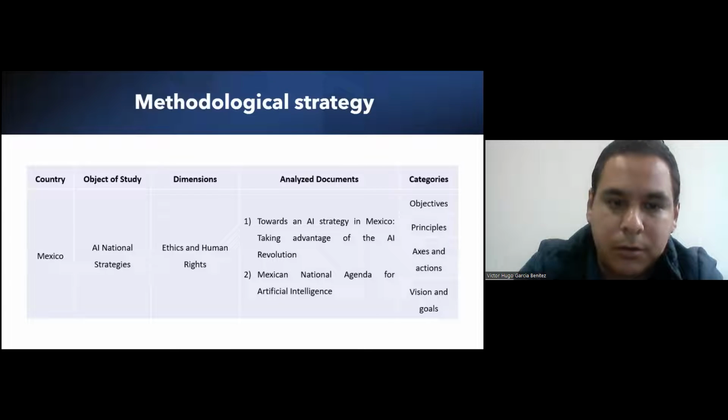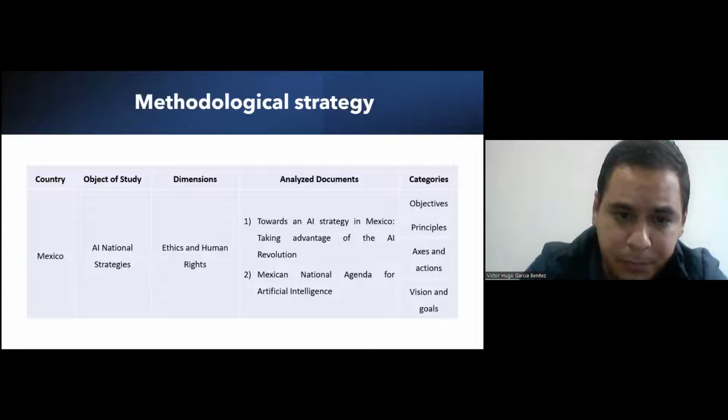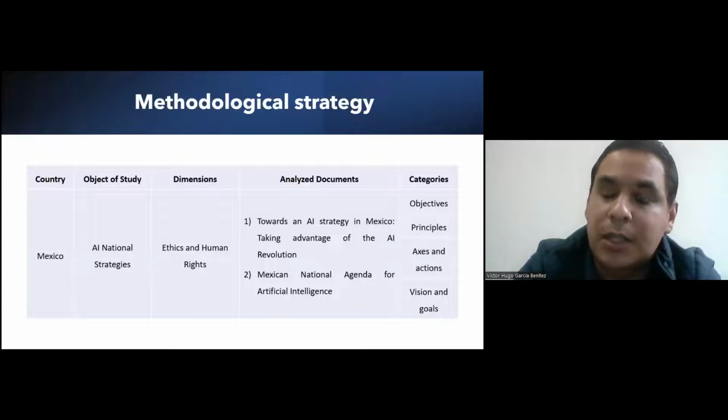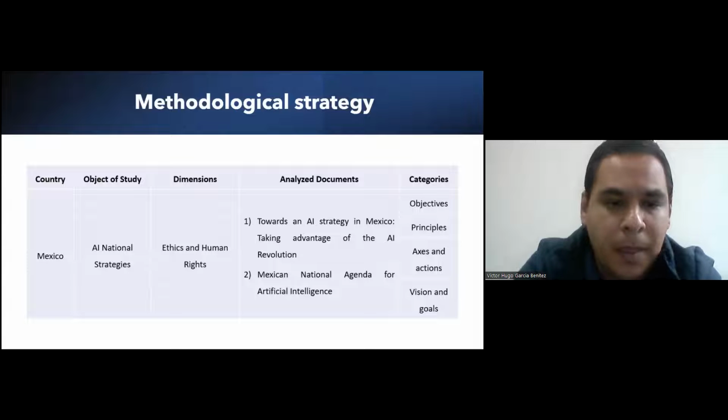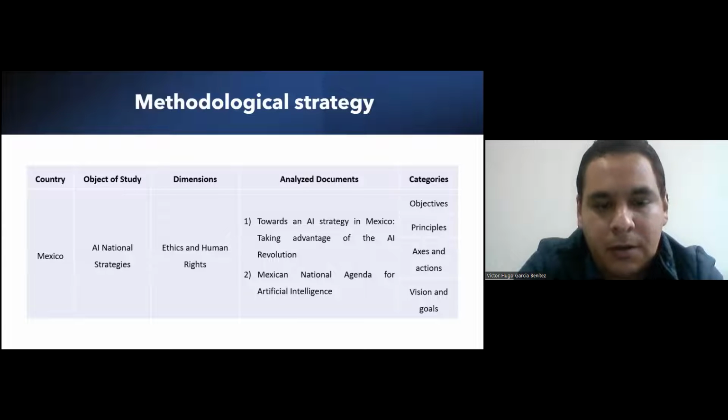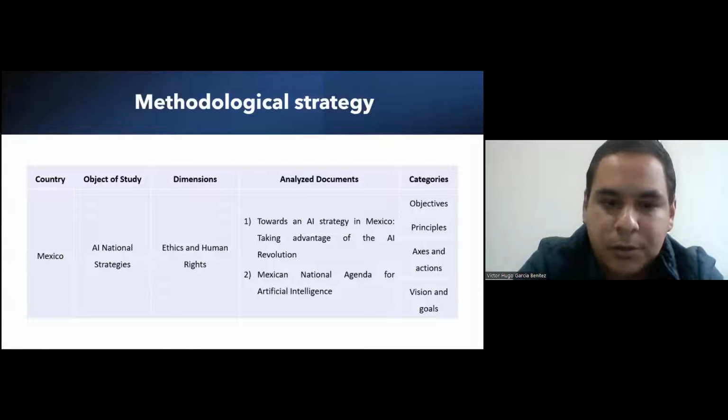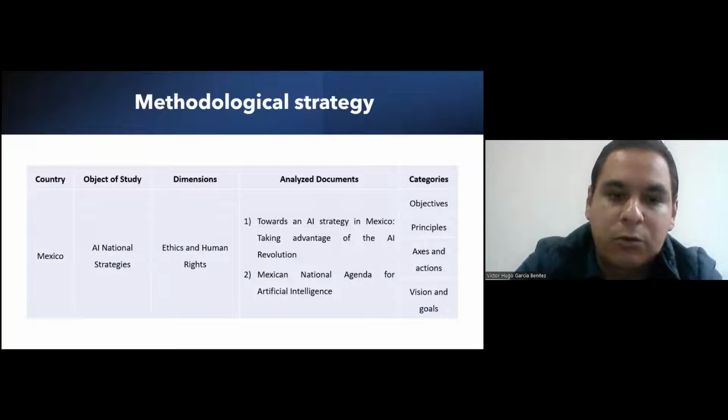The second category is the principles, which make up a series of ideas, values, and norms that guide the elaboration of the strategy. The third category is the scope and actions. These contemplate the specific topics and activities that are proposed to be achieved. And the fourth category is the vision and goals.